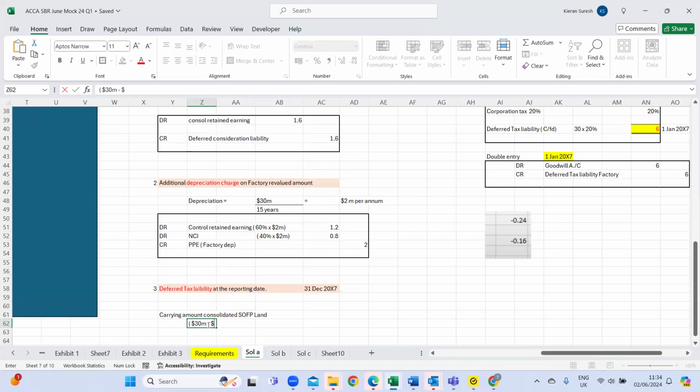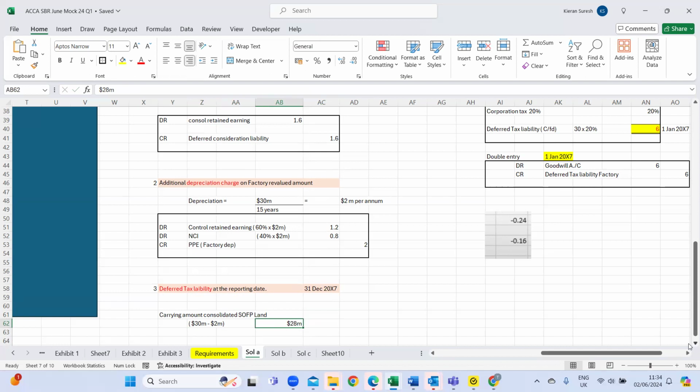What was the depreciated amount? 2 million. So the carrying amount for the land is now 28 million. I hope it's clear, right?